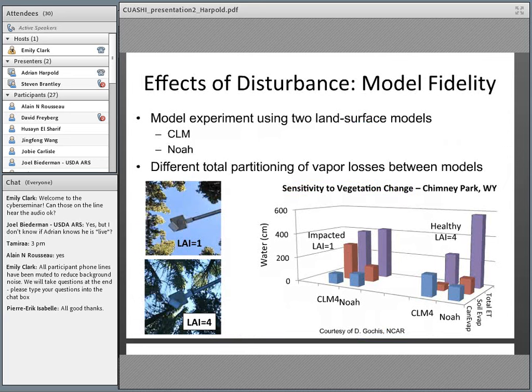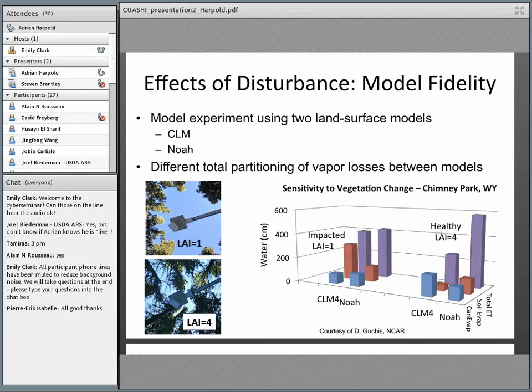We really justify this type of work by looking at some of the state-of-the-art land surface models and how they respond to these disturbances. This slide, from work by Dave Gochis, shows the problems we have in predicting the response of these systems. If we focus on these purple bars, we're going from essentially a healthy forest with a leaf area index of 4 to an impacted forest with a leaf area index of 1.